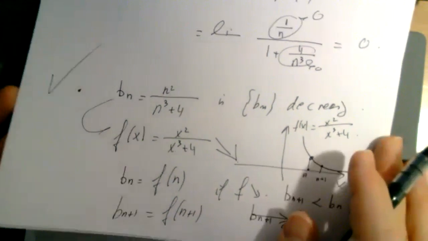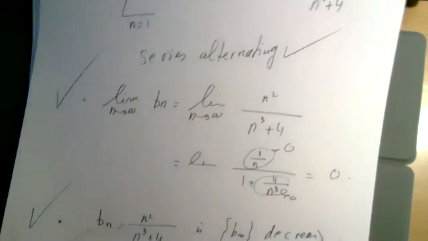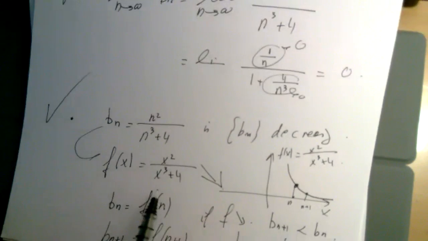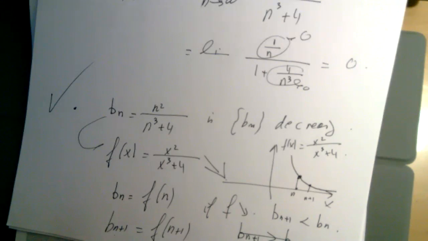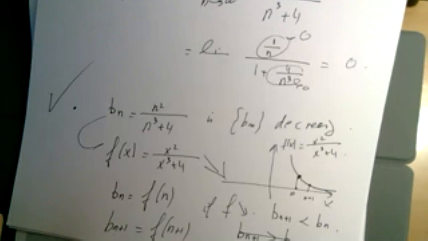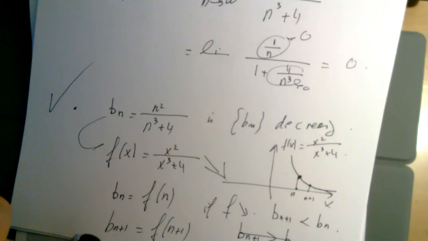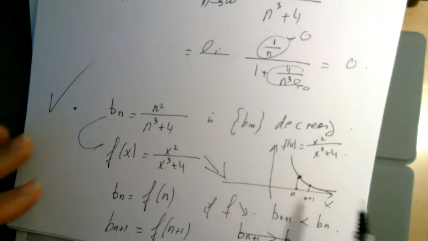So now this is a series that satisfies both conditions. That's alternating, crucially. The Bn becomes close to 0, and at the same time, the Bn form a decreasing sequence. The alternating series test tells me that if those two conditions are satisfied, my series immediately converges. So my series converges.